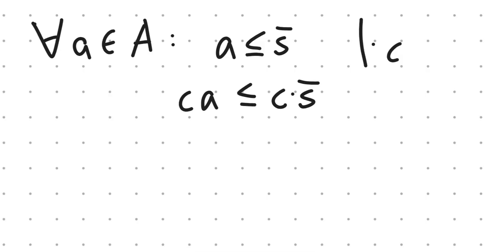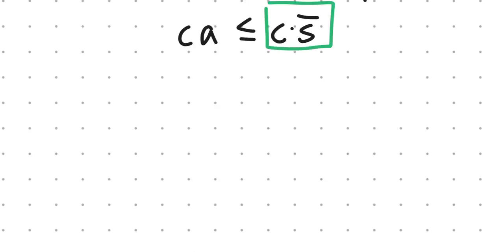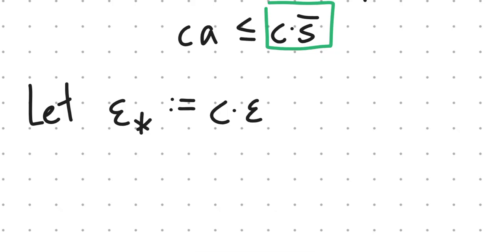Now what we should do is prove that C times S dash is actually the supremum. Using the epsilon definition of the supremum, we have to prove it using epsilon. So let epsilon star be given as C times epsilon, where epsilon is bigger than 0. So epsilon star is also bigger than 0.